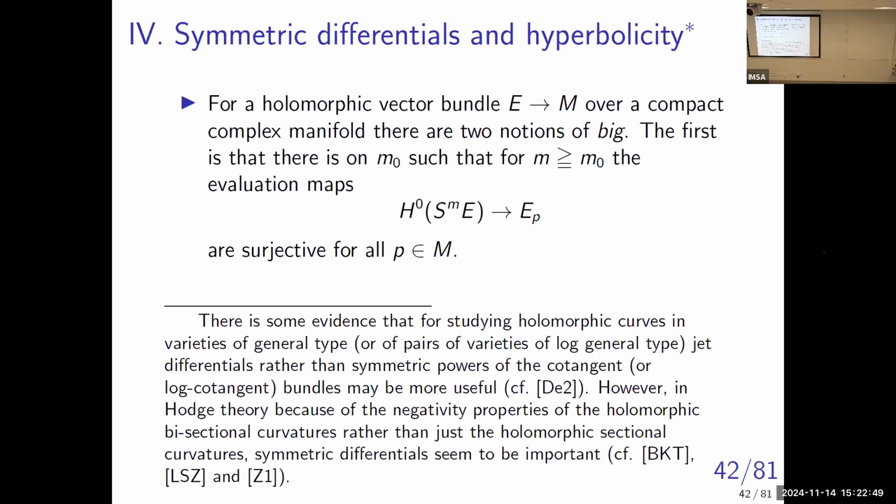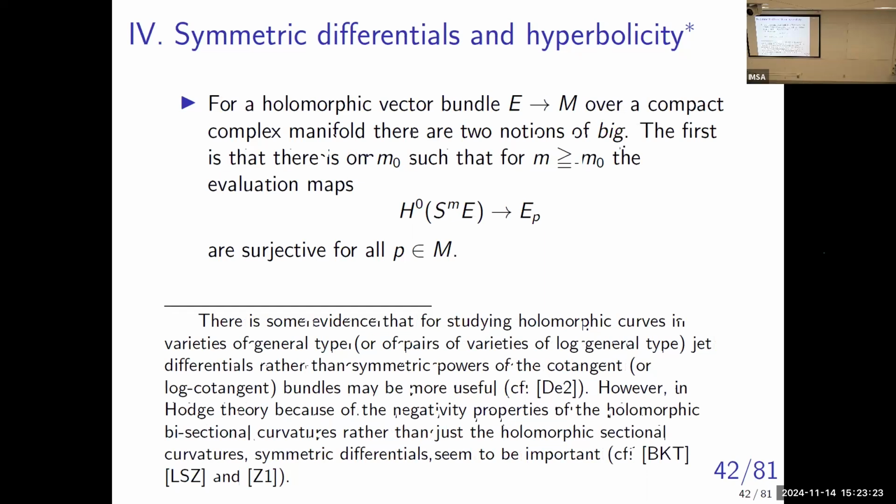Turning to symmetric differentials and hyperbolicity, and there's a nice seminar going on about this here. It's a seminar that we had just a few weeks ago. For a holomorphic vector bundle, the notion of big means, first, that for high enough power, the symmetric power of the bundle has enough sections that generate all the fibers.